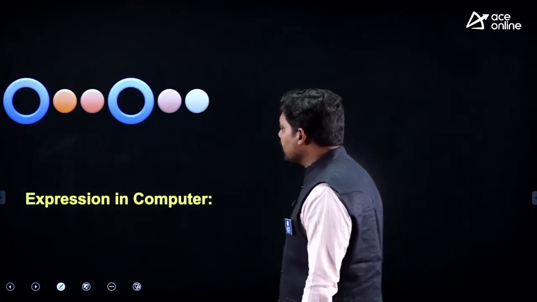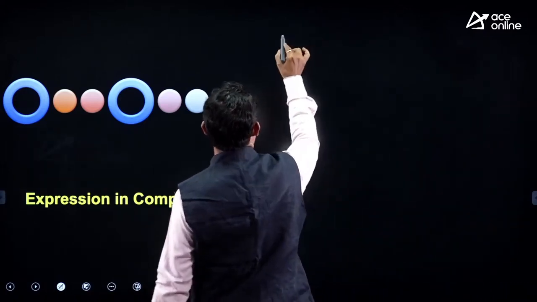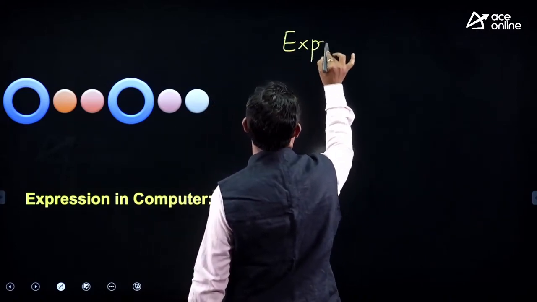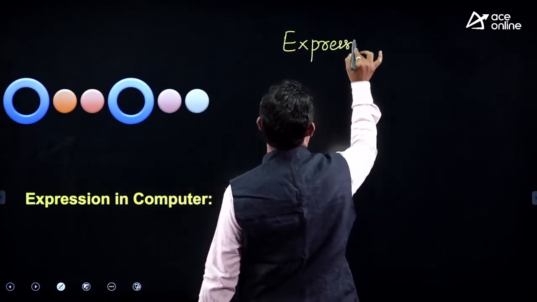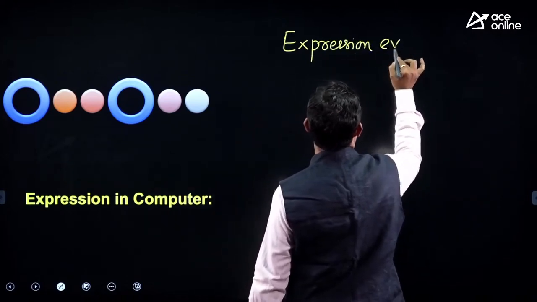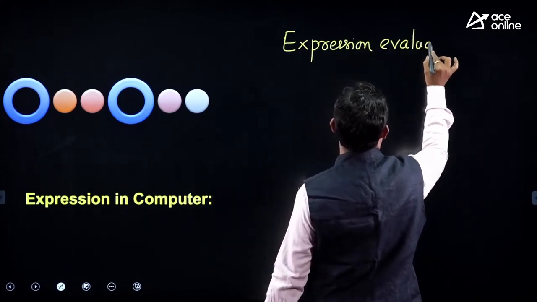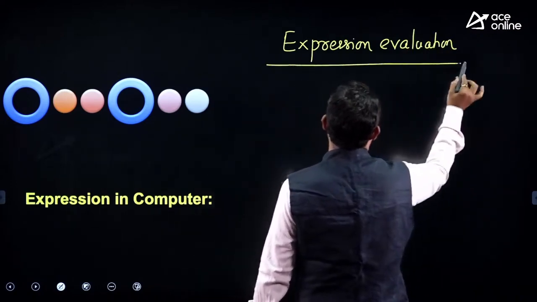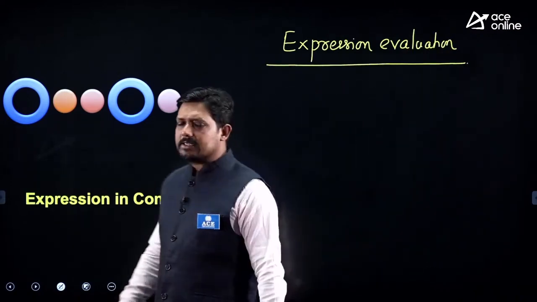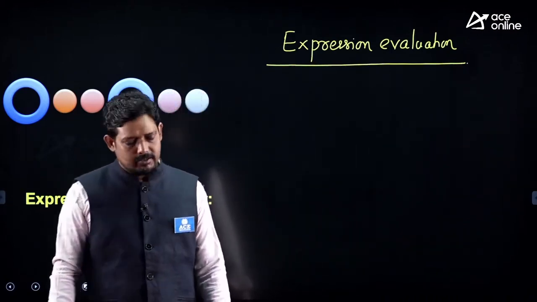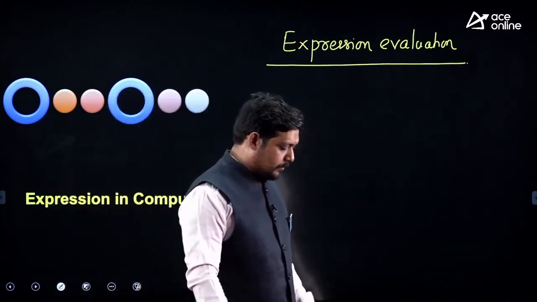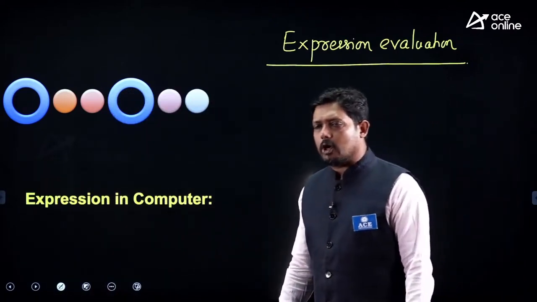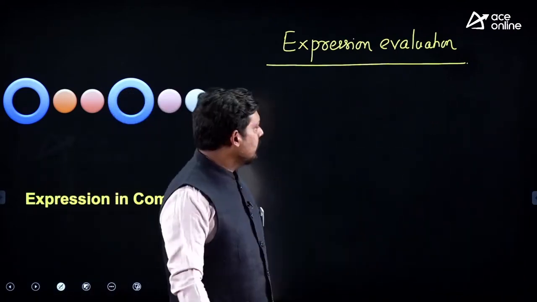Now expression evaluation, arithmetic expression evaluation. Recall that after understanding the operators plus, minus, division, multiplication and brackets, the first rule that was taught to you was the BODMAS rule.